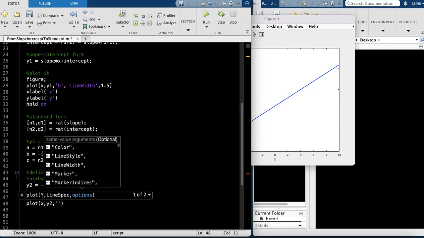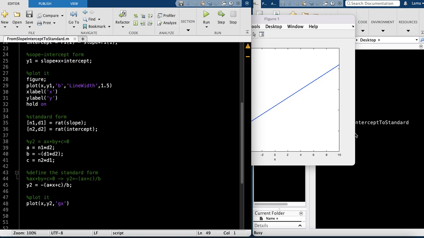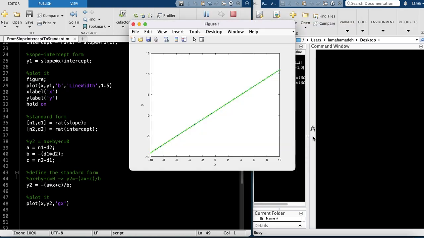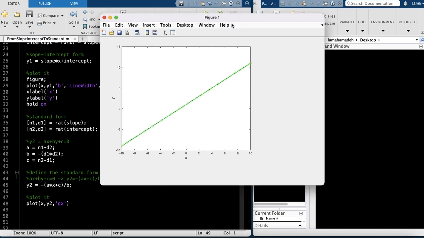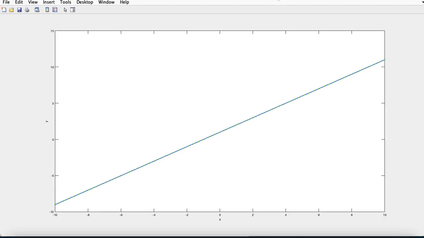Let's plot them in green x's here. Okay, let's run this and see if they match. Ooh, okay, so you can see here, let's make it bigger. So the blue line is the slope-intercept, and these green x's is the standard form.